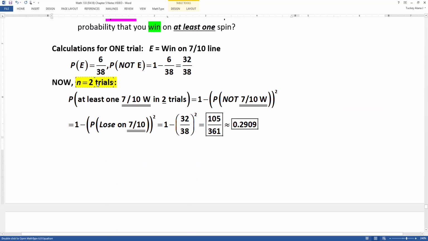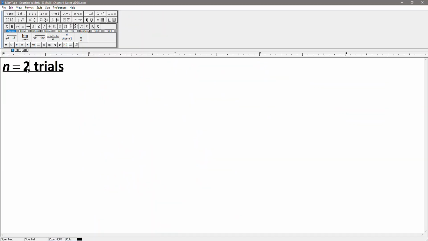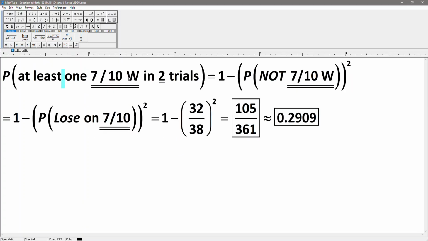So down here we're going to have n equals 4 trials now. So we still want to take the probability of at least one 7-10 win in 4 trials. So we want to take 1 minus the probability of not winning and raise it to the 4 power, not the 2 power anymore. So 4.